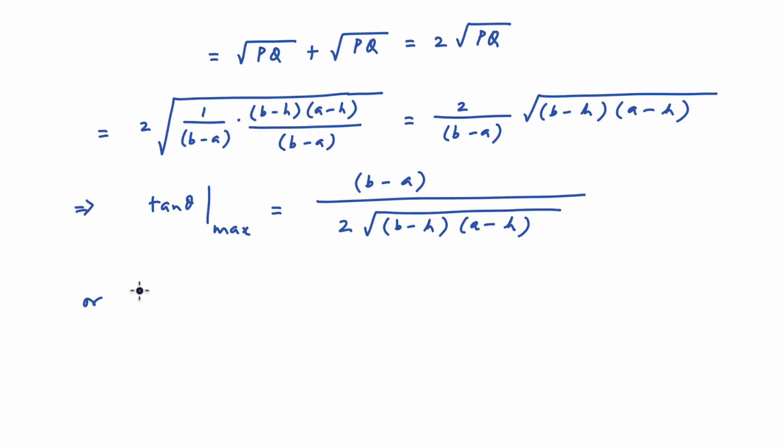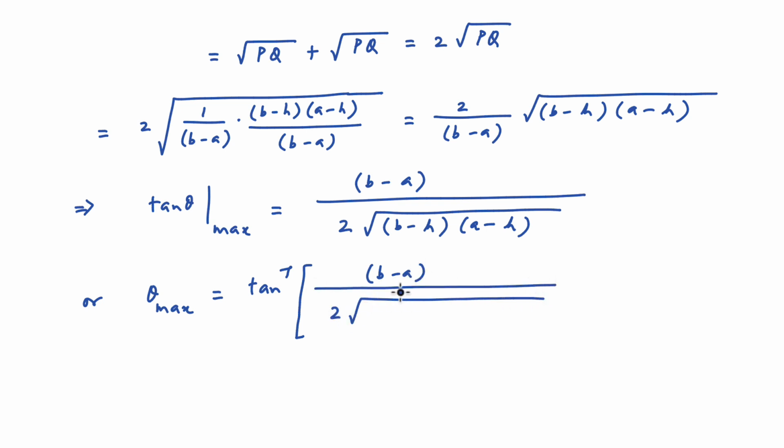Or in other words, the maximum value of theta is equal to tan inverse of (b minus a) divided by 2 times the square root of (b minus h) times (a minus h).